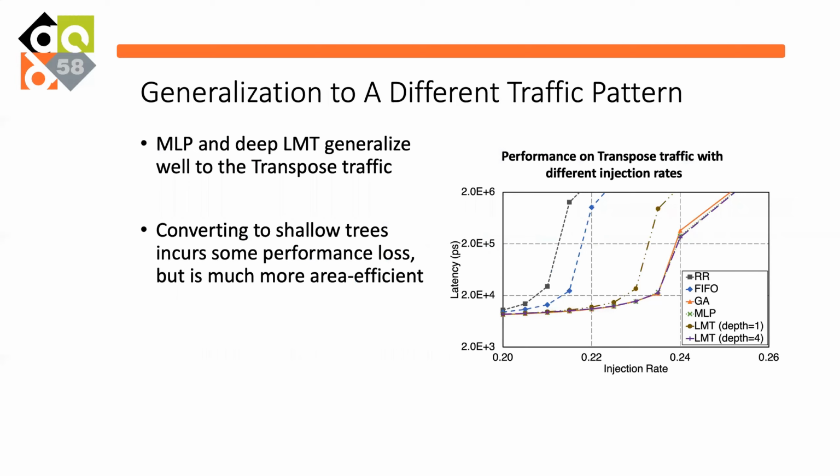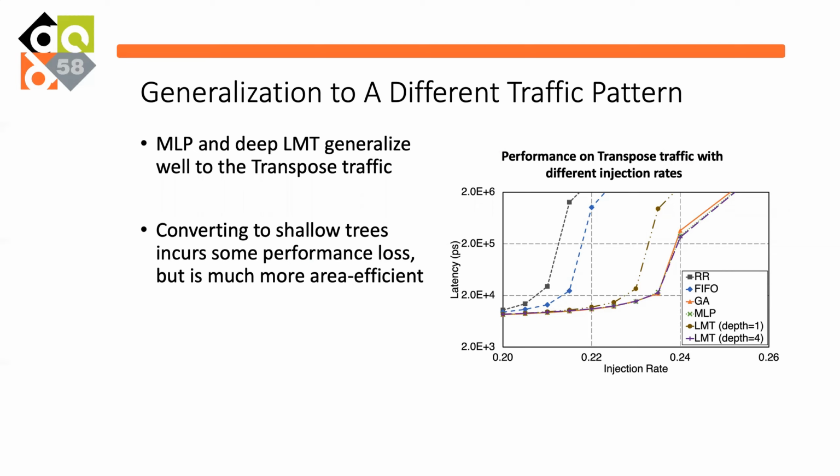Finally, let's see how the learned policy generalizes to a different traffic pattern. This figure shows how the agents trained under uniform random traffic generalize to the transpose traffic, where node XY only communicates with node YX. The MLP agent and the linear model tree with depth of 4 generalize pretty well.